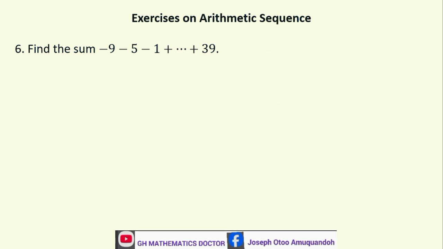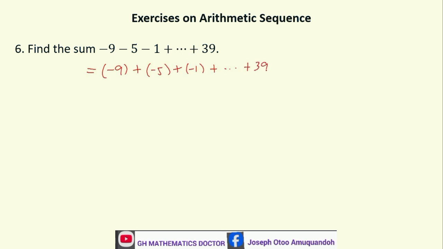Based on the same sum of the arithmetic sequence, our last term has been given as 39. So we use the sum of the arithmetic sequence formula to answer this question. Alright, so we have it in this form.